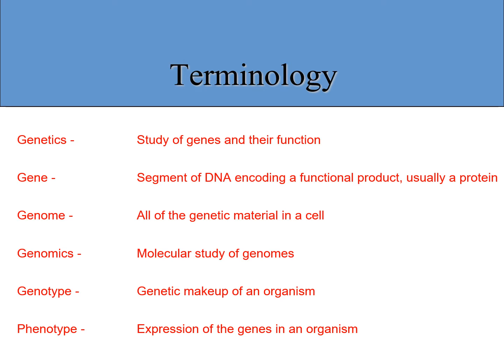So in the end, the phenotype does not necessarily directly, one-to-one, reflect the genotype. There may be genes in there certainly that are not expressed. So the phenotype is actual expression, the genotype is the genetic makeup.